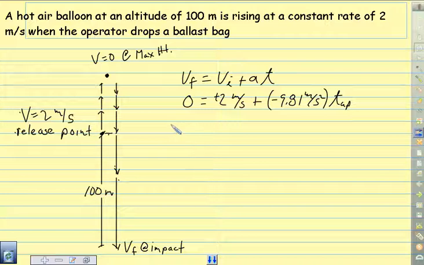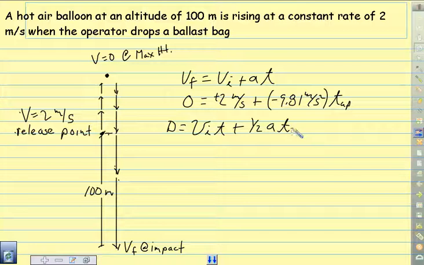Now, once I've got this time, I can plug it into a distance formula. And if I just want to find this upward motion, then the variables I'm going to put in here is how far it went up.